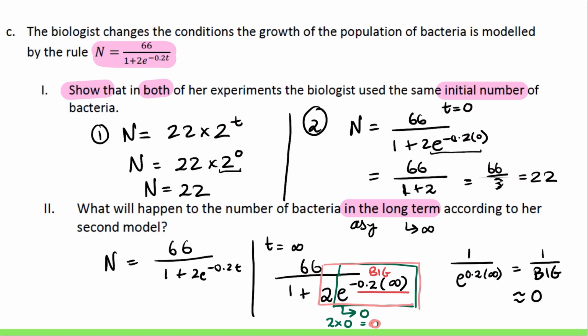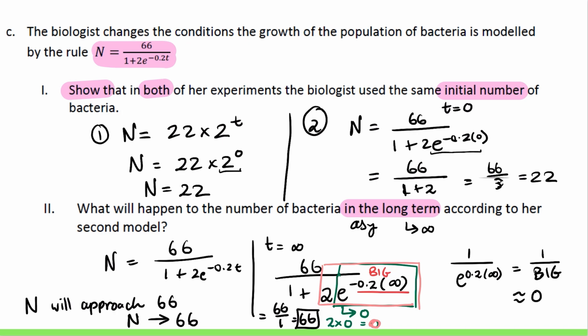Finally, that means that what is left behind is 66 divided by 1, which is simply 66. So in the long term, n will approach 66. And the mathematical way to write that is like this. So in the long term, the number of bacteria will be approximately 66.